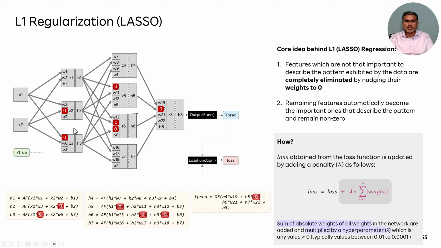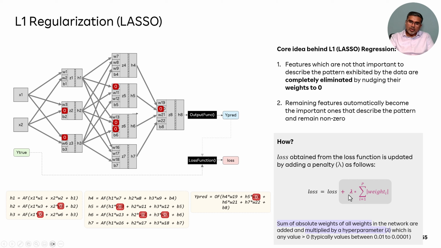You take the absolute value of the weights, because you don't want negative values to cancel out positive values. You add the absolute values up and multiply that with a hyperparameter called lambda, which is basically any positive number. Typically, it's 0.01 and so on.